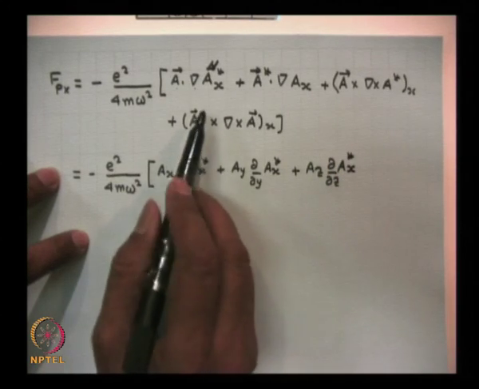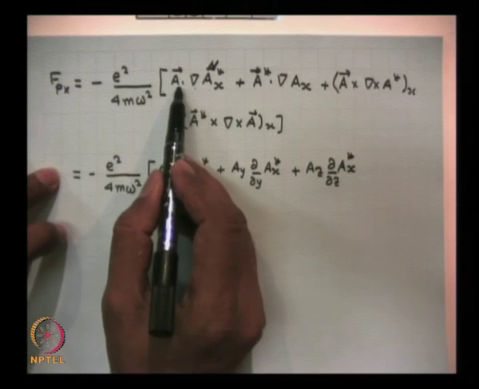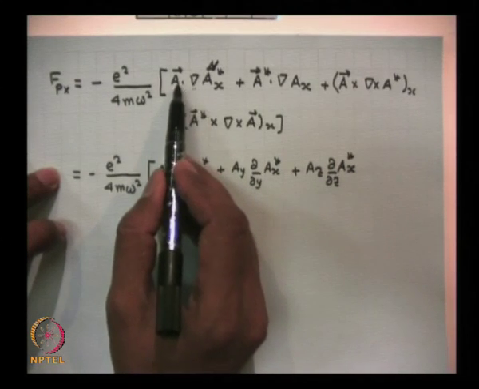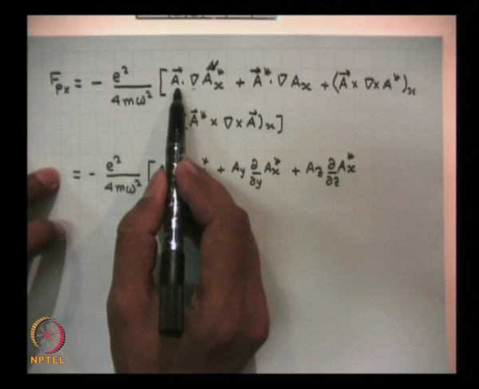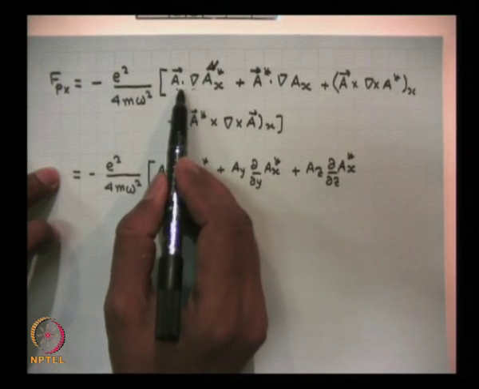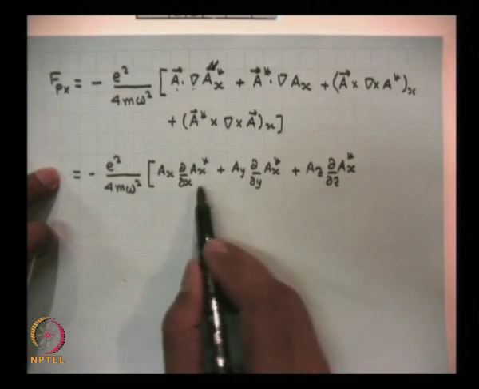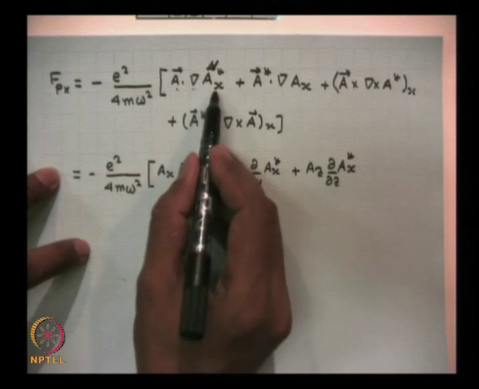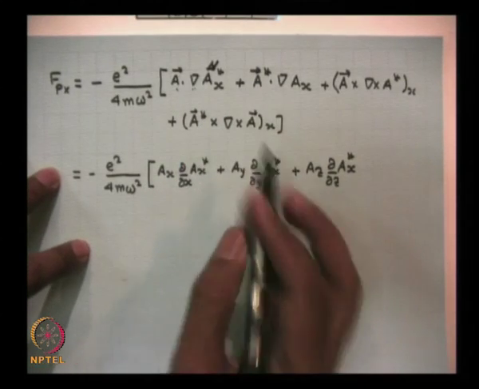Please remember, A dot del is a scalar product, so it has Ax del/del x plus Ay del/del y plus Az del/del z, and all 3 components have to be added, but they all operate over Ax star.